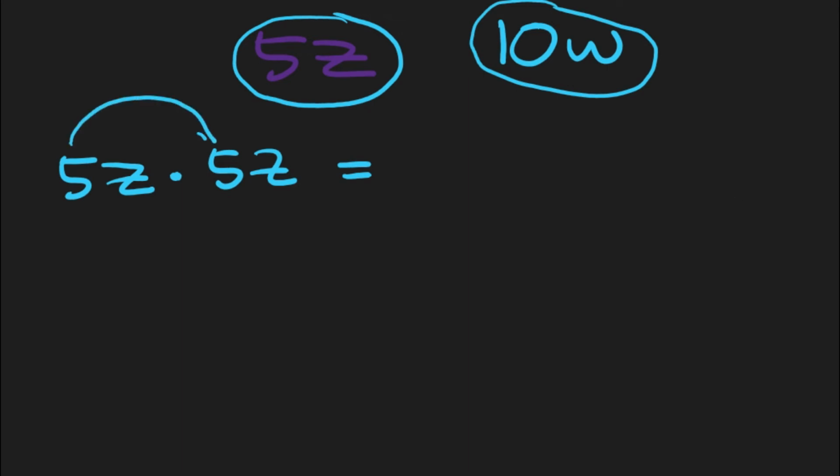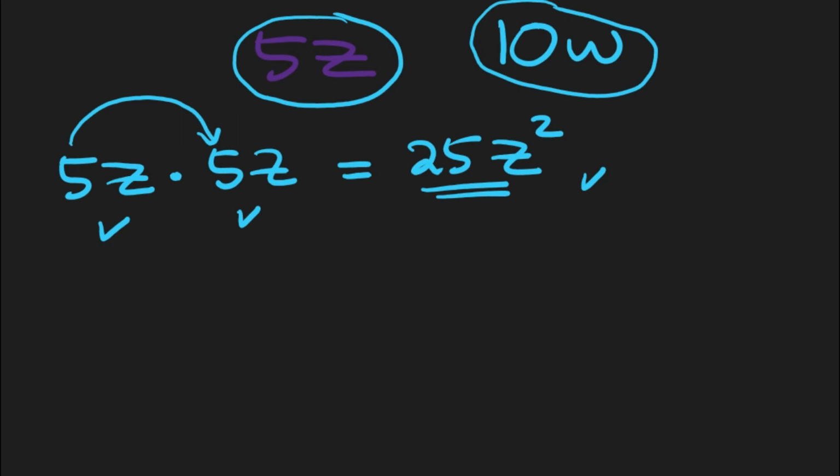In this case, 5 multiplied by 5 is 25. And z times z is equal to z square. So we have 25z square. This is a new algebraic term after we multiply 5z with itself.